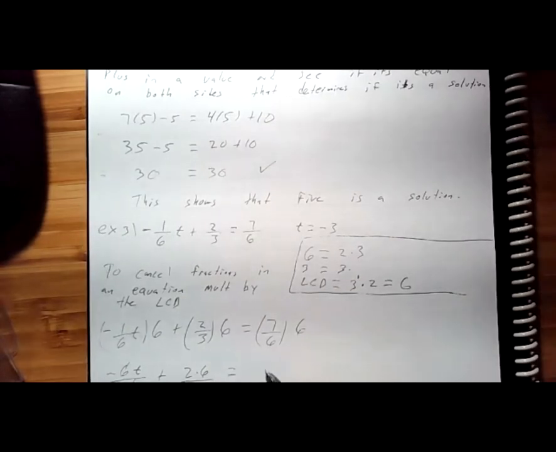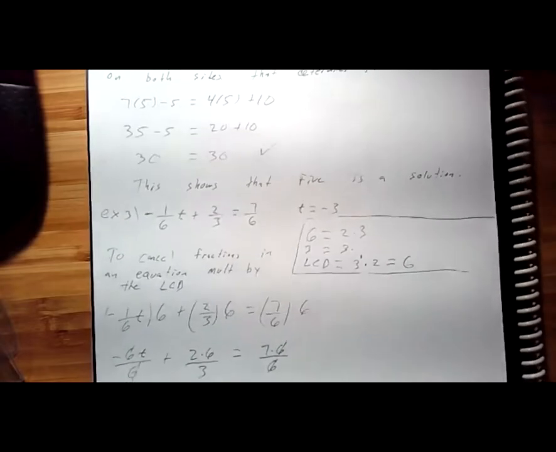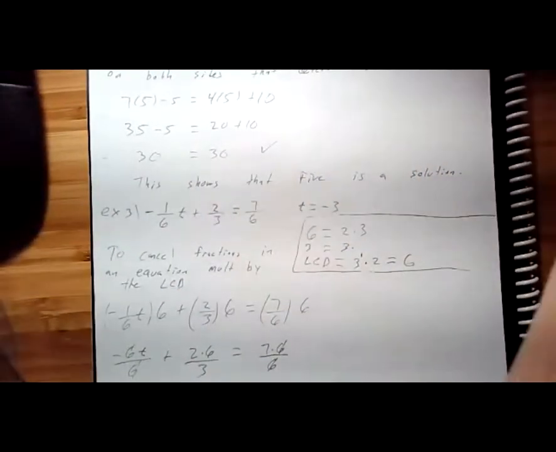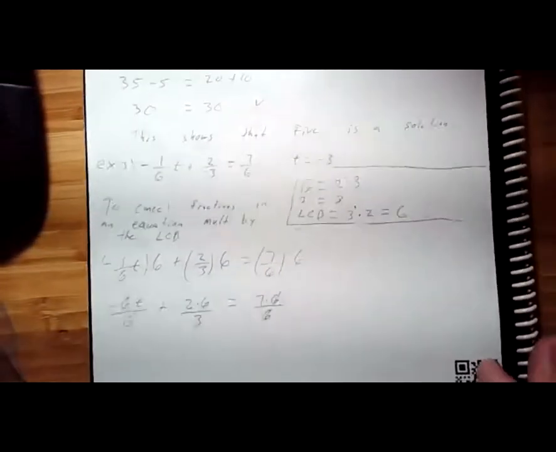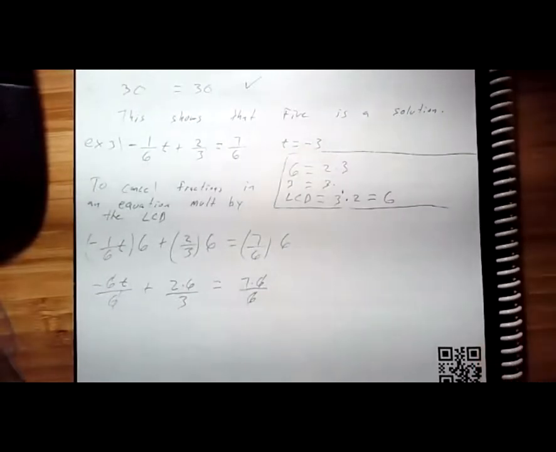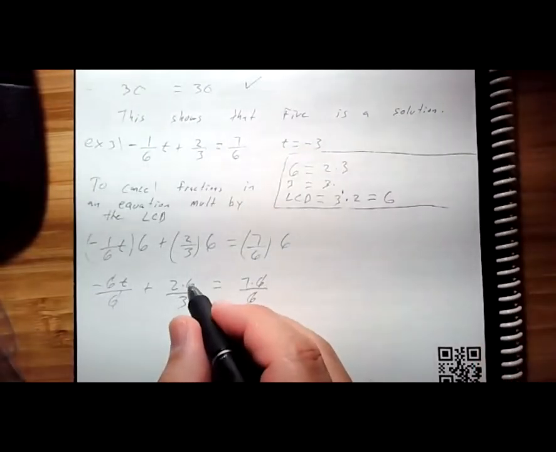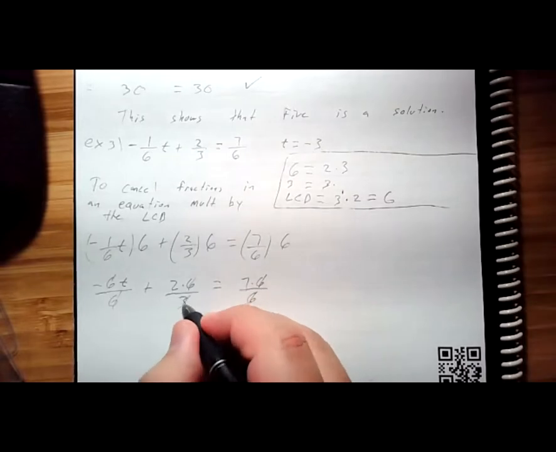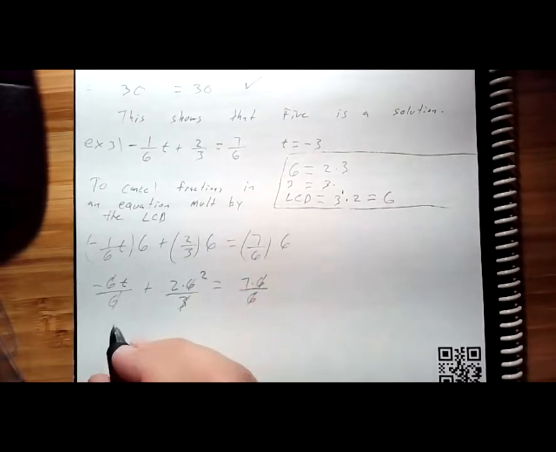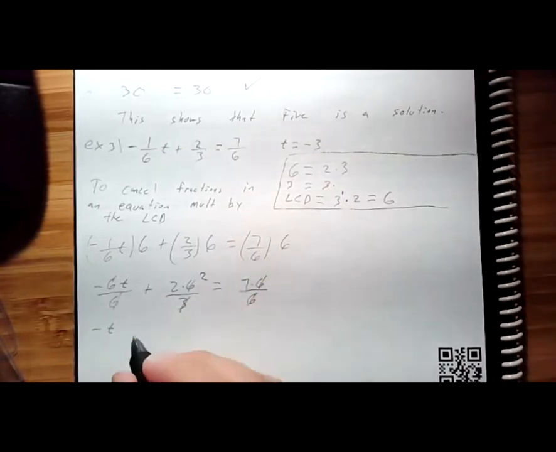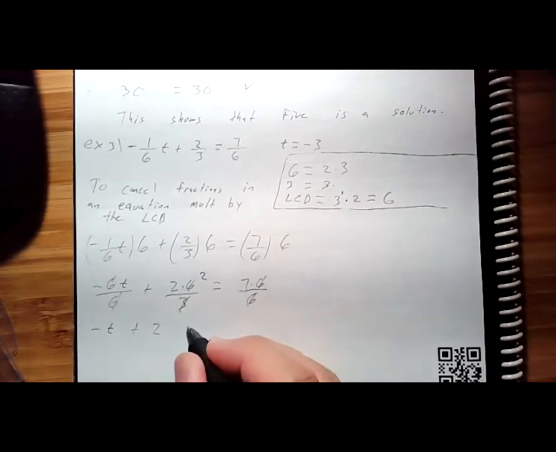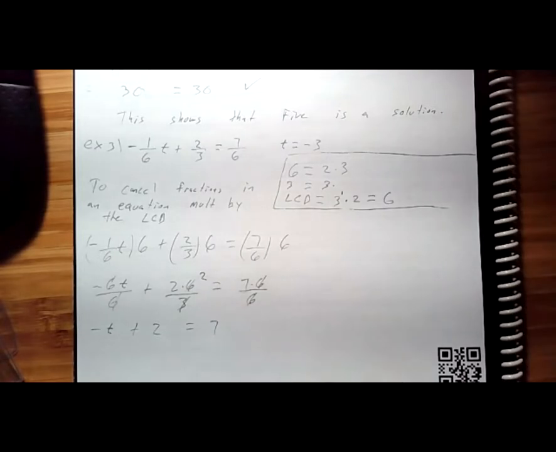Those will reduce, right? 7 times 6 over 6, cancel. 6 divided by 3 is 2. So -t plus 2 is equal to 7. Notice how now it's much prettier. We no longer have annoying fractions, and we can solve for t.